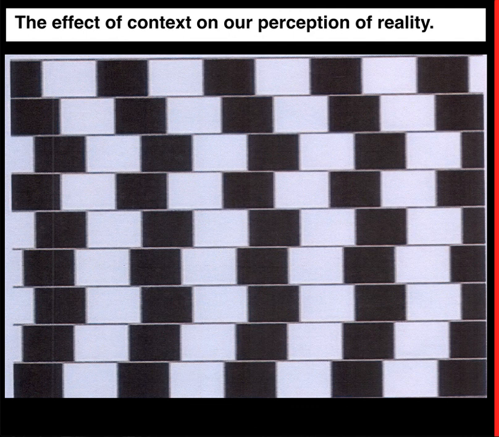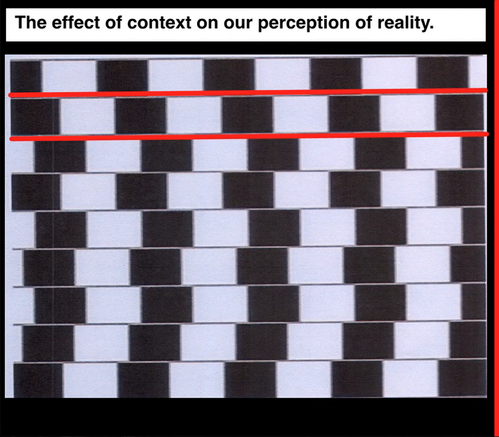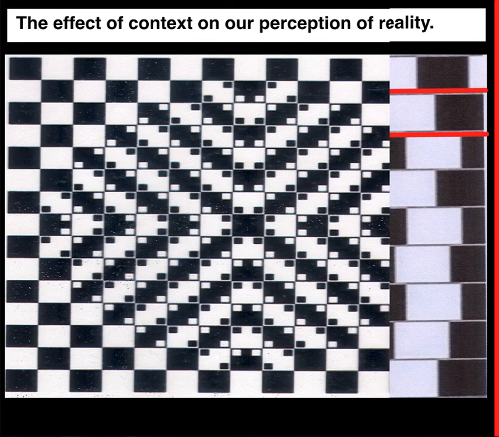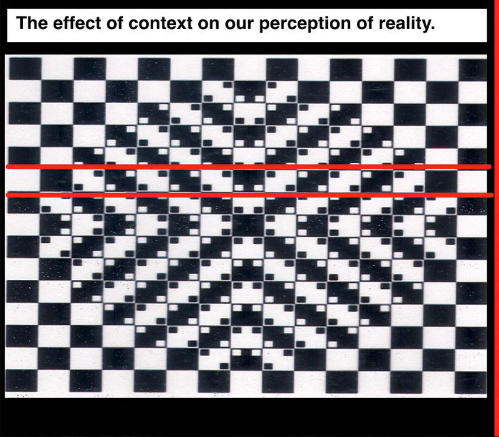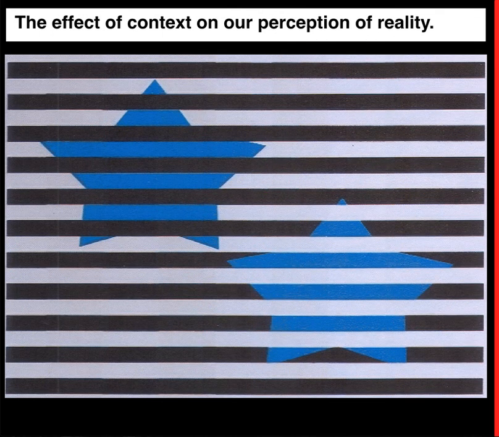Here's another example. These lines obviously do not look parallel, but they obviously are. Another example of how context shapes and possibly distorts our brain's interpretation of reality. Here's the same kind of a situation. They're exactly parallel, although the brain certainly does not interpret it as parallel.